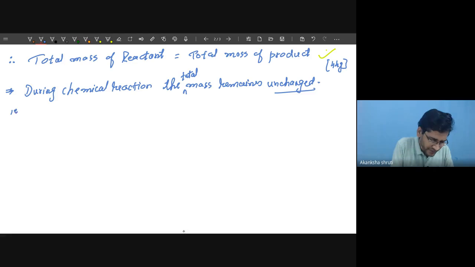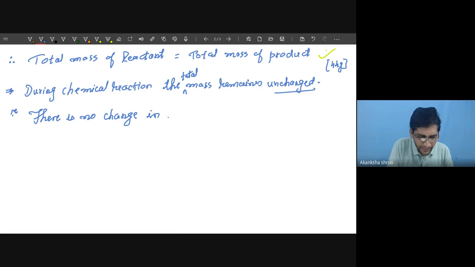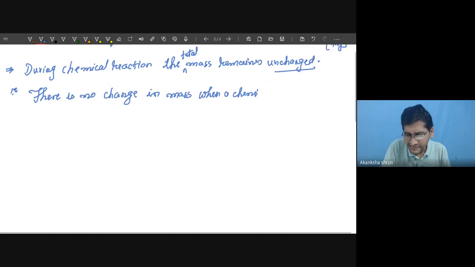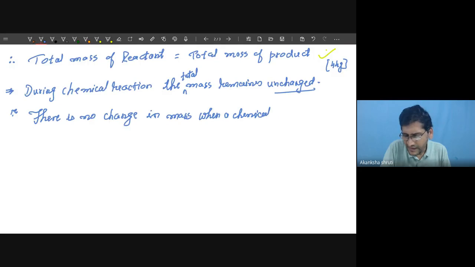It is sometimes also stated like this: there is no change in mass of the substance, meaning the total mass basically. So there is no change in mass when a chemical change or chemical reaction occurs.